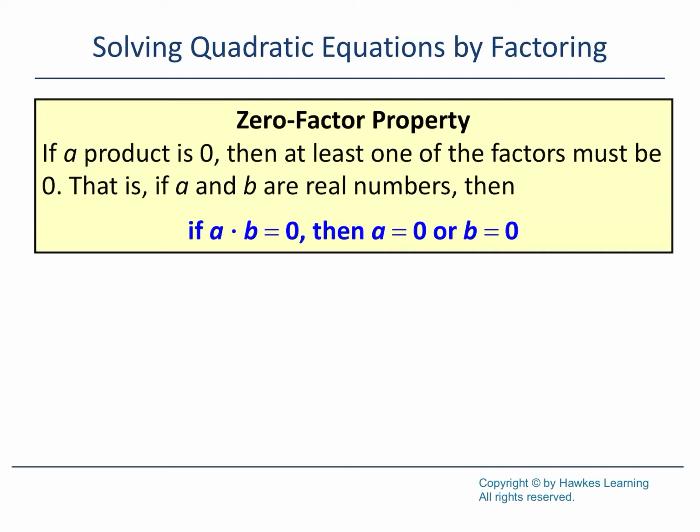So there are an infinite number of solutions that I could write if I have two numbers added together. But if they're multiplied together, then I know that one of them has to be 0. And that is why we want things factored, because if they're factored, that means that is two things multiplied together.